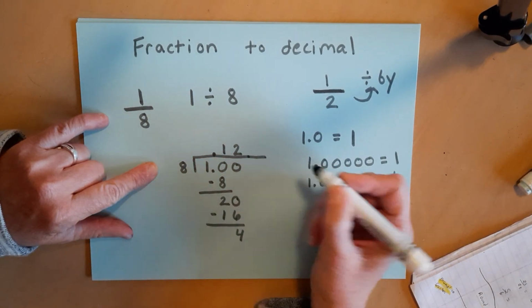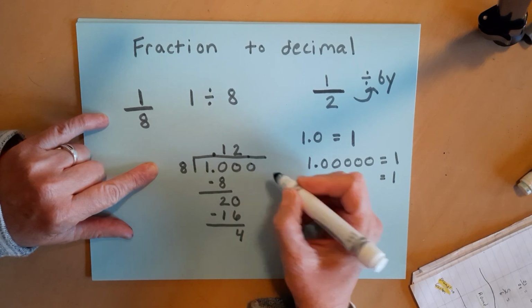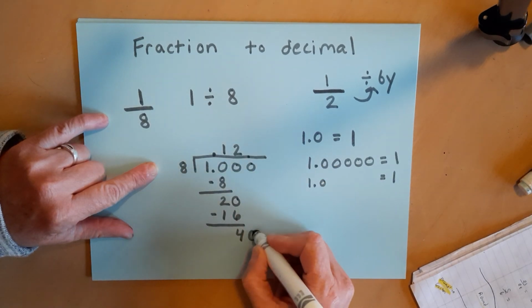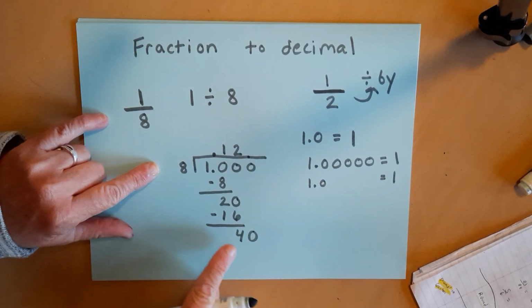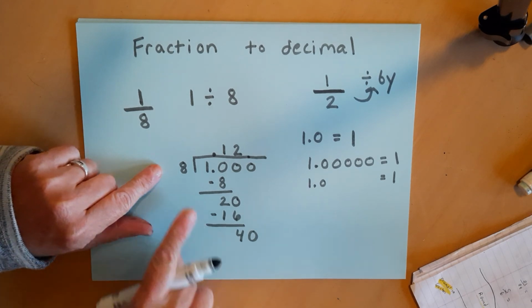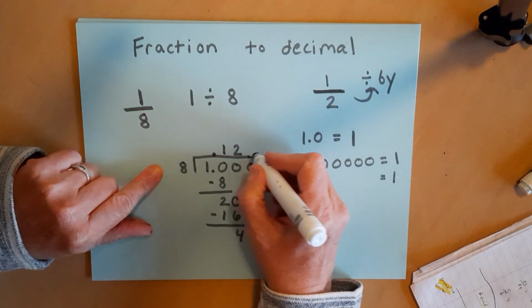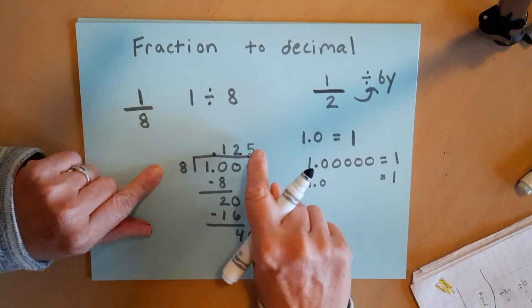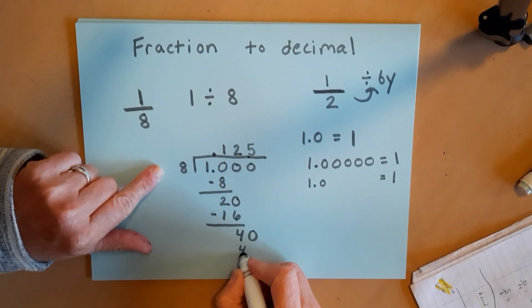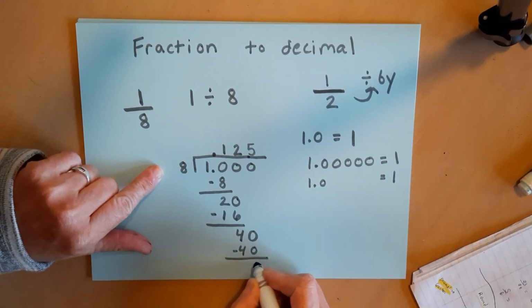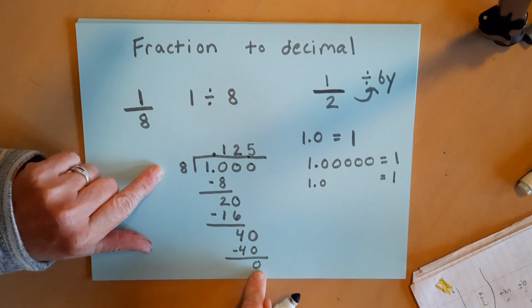Now we're very close. We're going to add one more 0 and bring that 0 down here and think of how many times 8 goes into 40. 8 goes into 40 5 times. 5 times 8 is 40. 40 take away 40 is 0. So we are done.